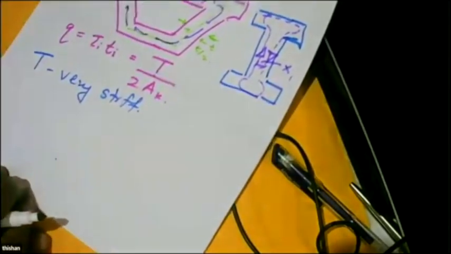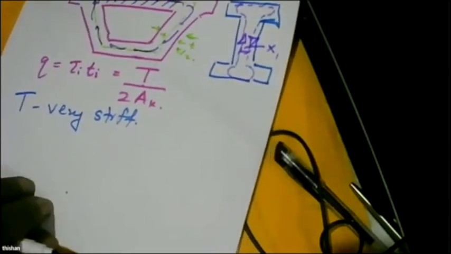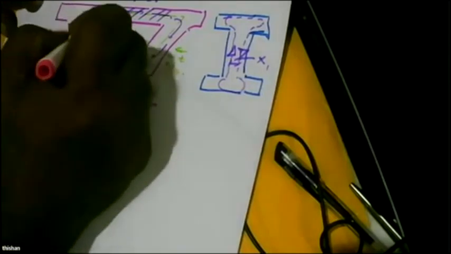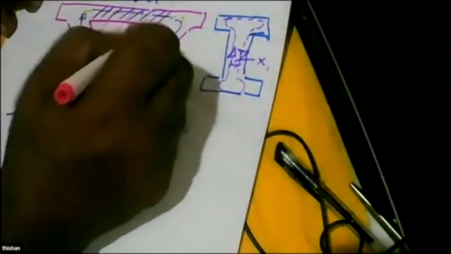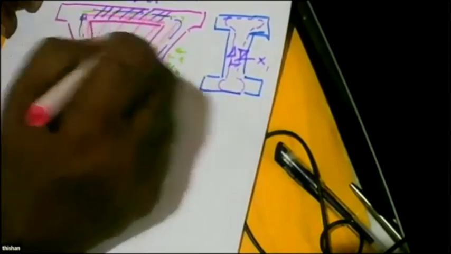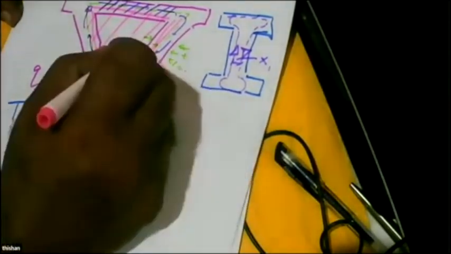So you take half the width, take half the width, take half the width, and then we take the area inside that, and this area is A_k.